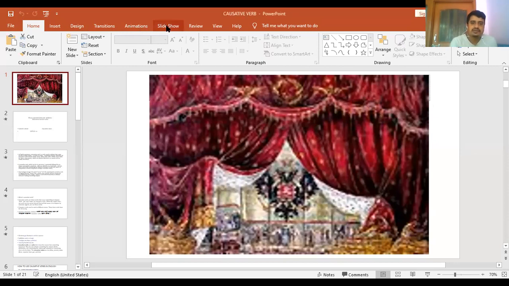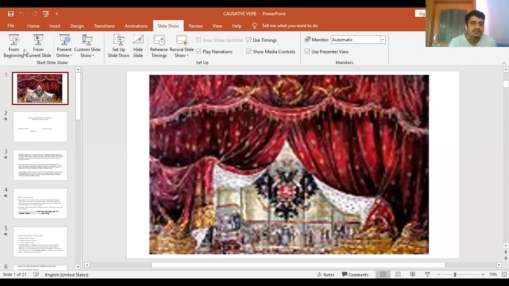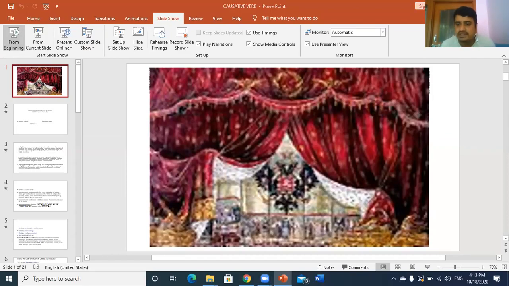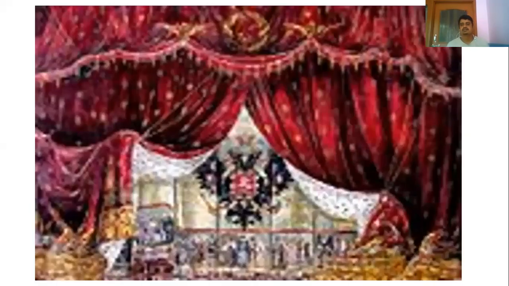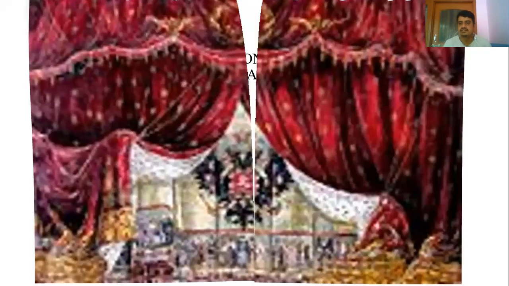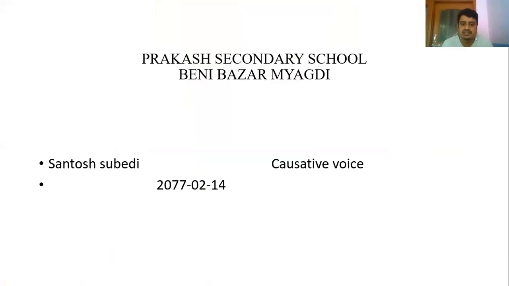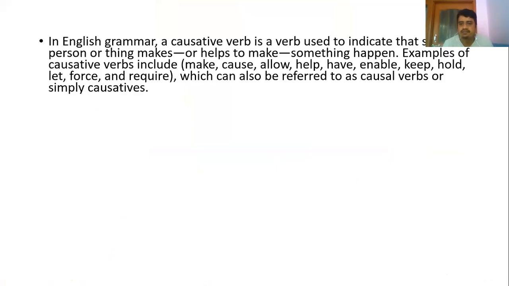As we know, it is also one of the many important topics to be discussed in the second level curriculum and regularly being asked in the examination. What a causative verb is, is our today's discussion.